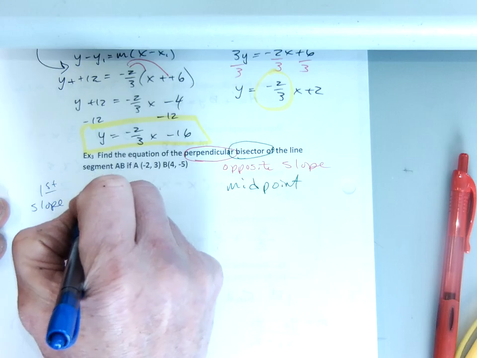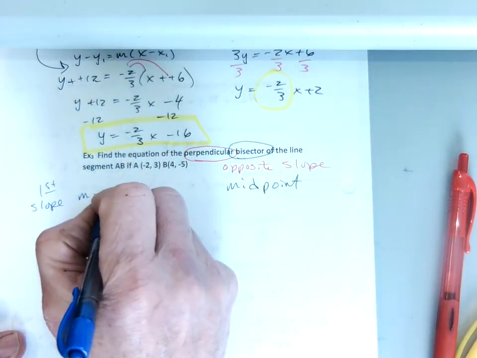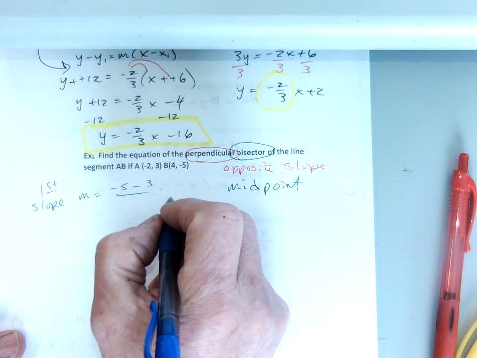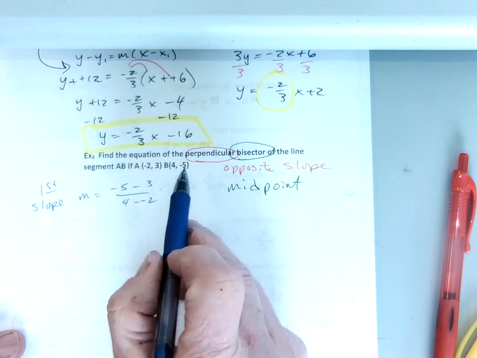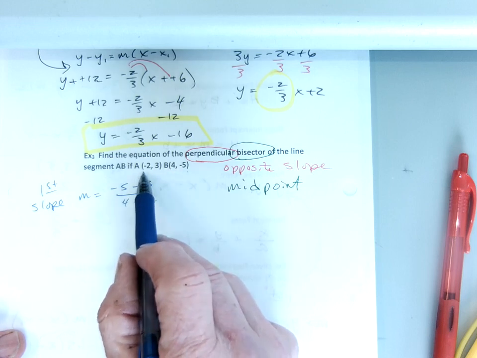So m equals y2 minus y1 over x2 minus x1. So negative 5 subtract 3 over 4 subtract negative 2.